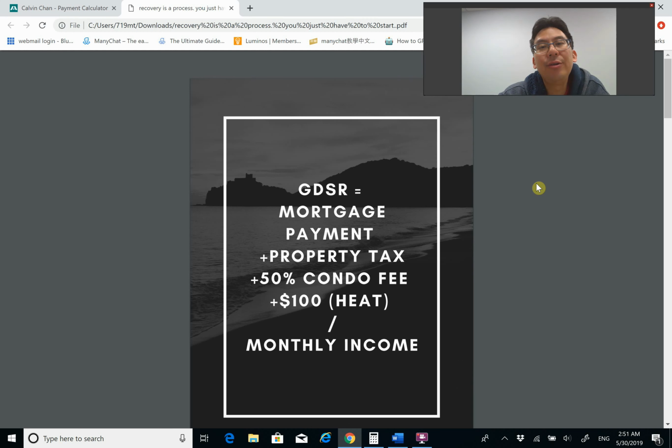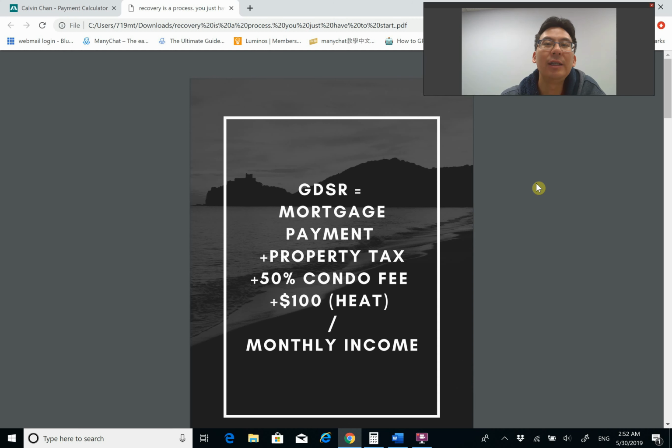Say that you find a house that is $1 million and you have $300,000 cash lying around that can be used as a down payment, and basically the mortgage amount is $700,000, right?